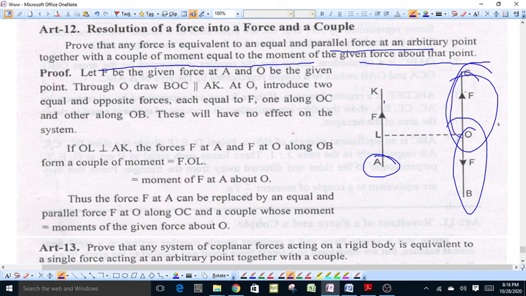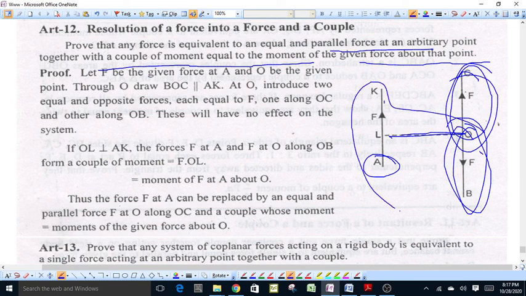Now these two forces balance each other, therefore their net effect on the rigid body will be equal to 0. Now, if OL is perpendicular to AK, then force F at A and force F at O along OB will form a couple whose moment will be equal to F into OL.